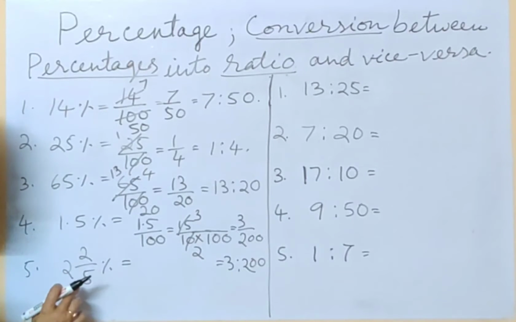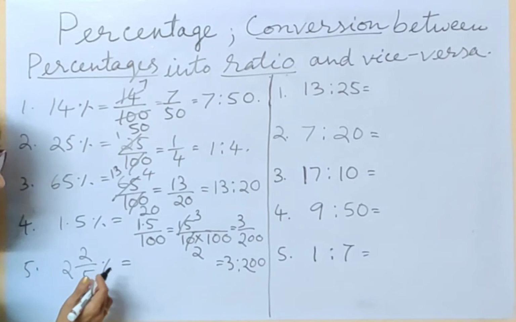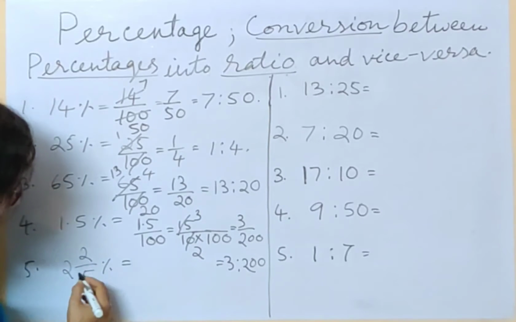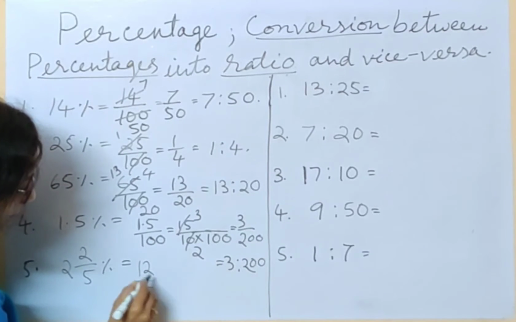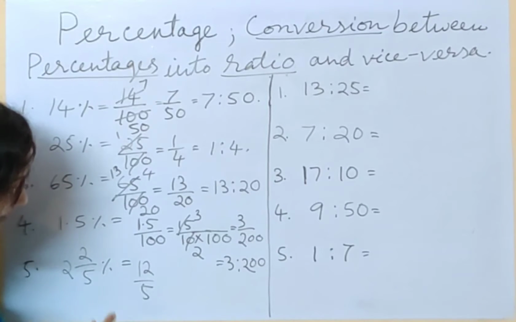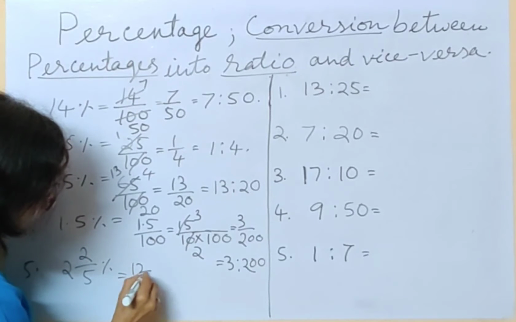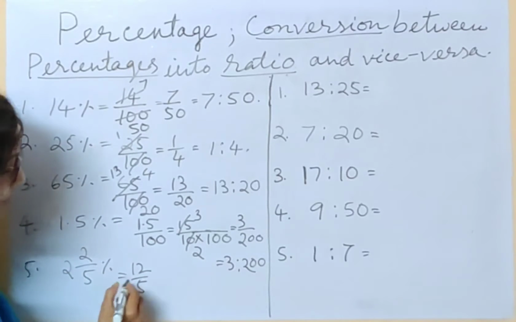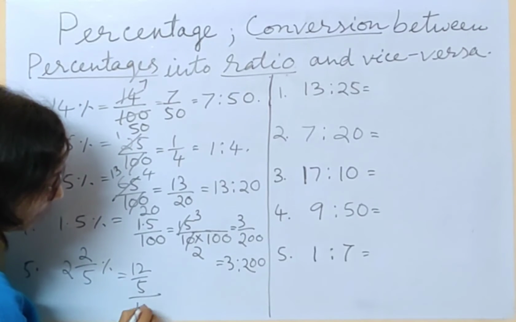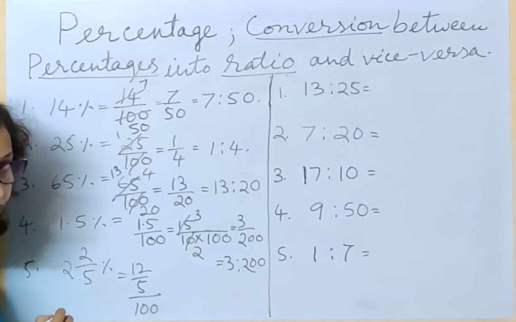Now we have here 2 by 5%. You can see again we got a mixed number here. So this number has to be converted into improper fraction. So 12 by 5. We write here 12 by 5. Now 12 by 5% is 12 by 5 divided by 100. Yes.